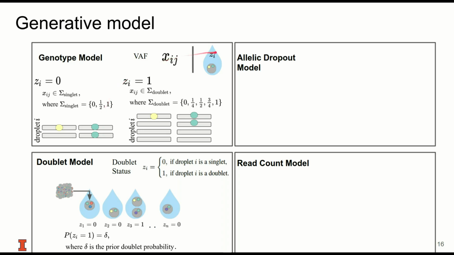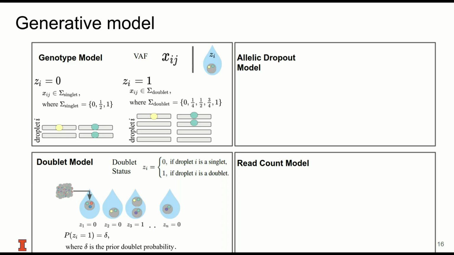But when Z_i equals 1, meaning the droplet is a doublet, then we have 4 alleles at each locus, and the VAF X_ij can take on a greater range of values, including the value of 1/4 or 3/4, which we don't see with a singlet. Here I want to point out that we're making an assumption that each locus is copy neutral. However, we demonstrate robustness to this assumption in our simulation study.